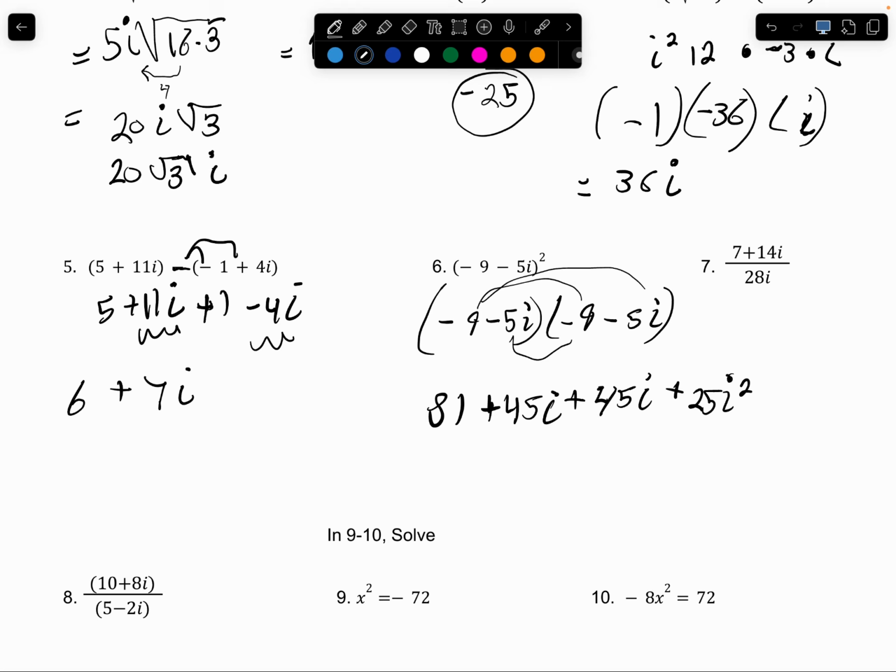So you could skip that step and just say minus 25 if you want. So we have 90i, 45 plus 45 more. We have 81 with that negative 25. So it's like 81 minus 25. 56, is that right? And then we have the positive 90i.